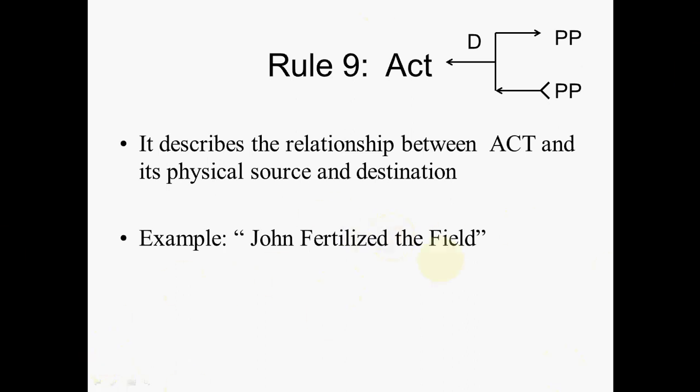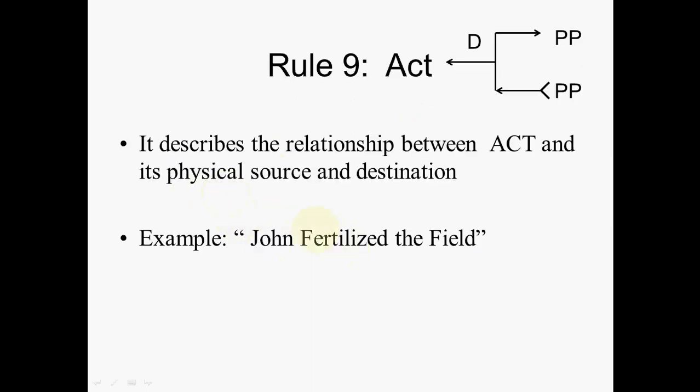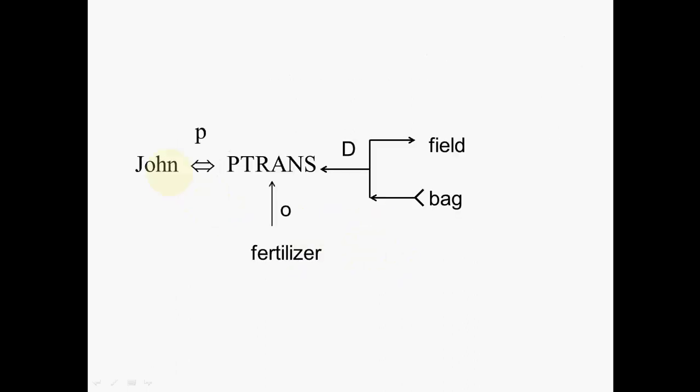So with all this information that we have, let us go and frame the sentence. Again see, John fertilized. This is already in past tense. So John, past tense P trans. What it means is he removed the fertilizer. Fertilizer is the object involved in the action of P trans.